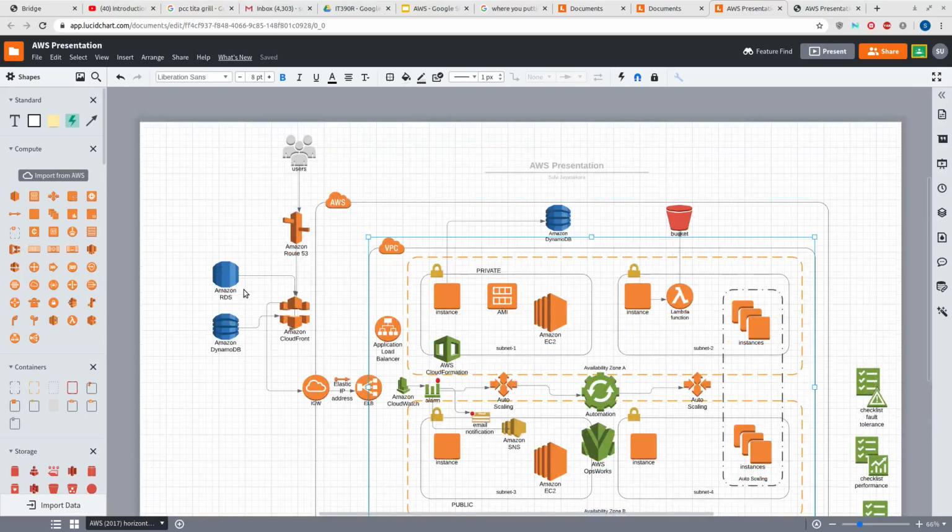And this right here is Amazon RDS and Amazon DynamoDB.